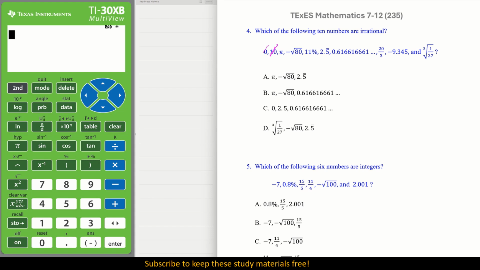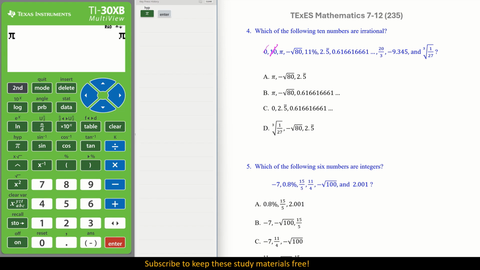Pi itself, let's evaluate it. If you aren't familiar with the value of pi, let's take a look at our calculator. So what do we need to do? Well, this particular calculator and the family of TI-30s has a pi button. So you just push your button. But now you have to push enter. You have to tell the calculator, here's the value we want to look at.